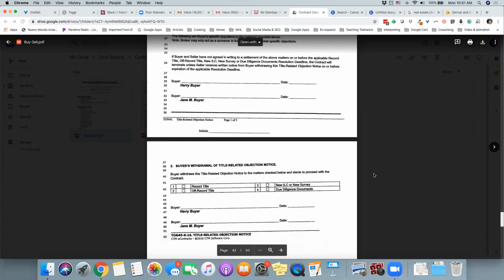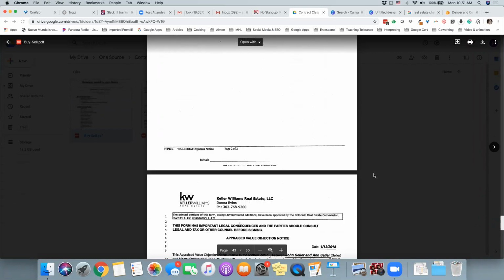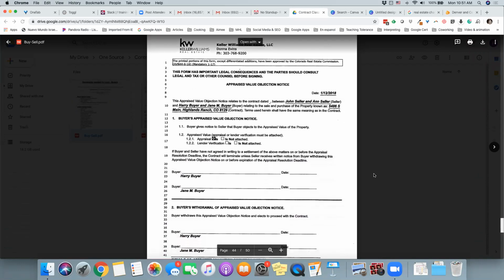Next document is appraisal value objection. This is a document that is used when the appraisal does not meet the agreed upon value of the agreed upon price of the property. So you want to send a copy of the appraisal. I wouldn't just send a letter, I do the appraisal, and then try to get it together and make sure that you've given them notice.